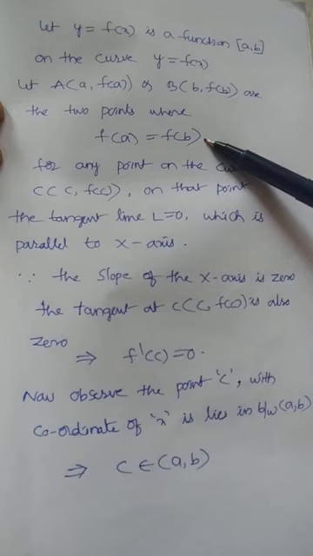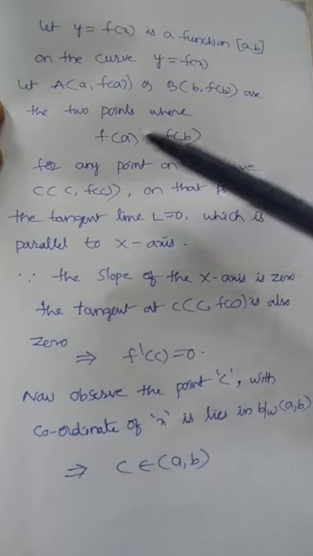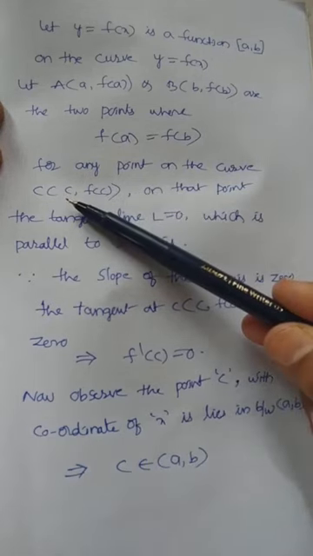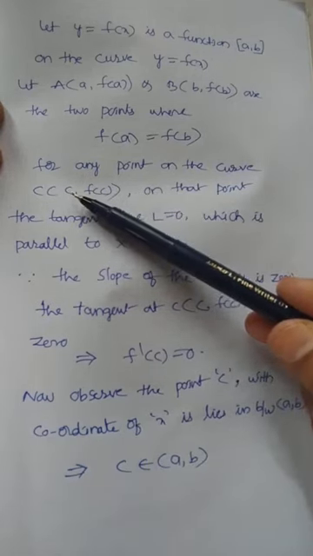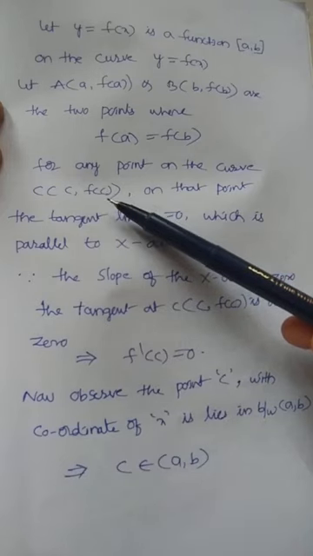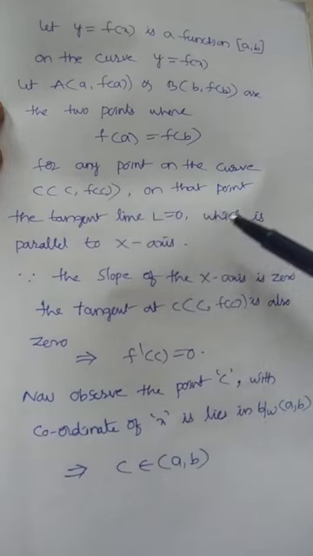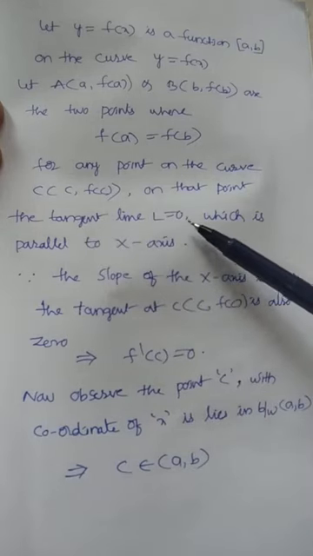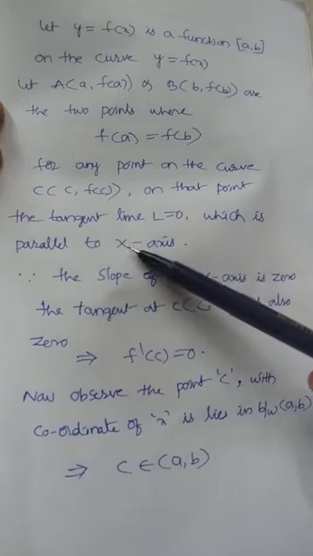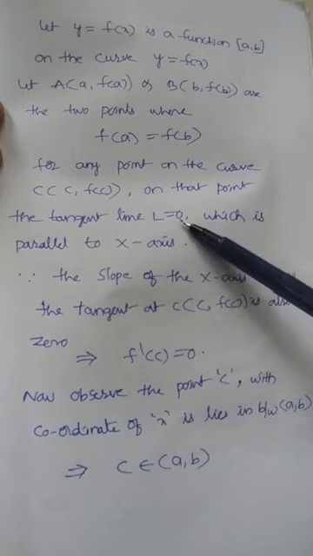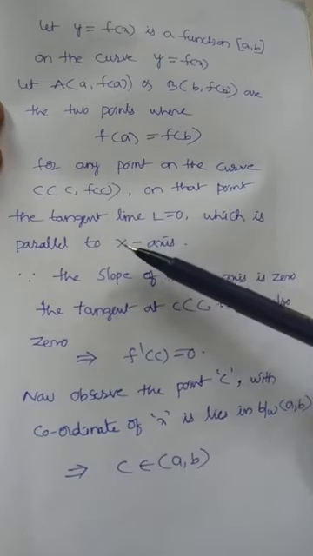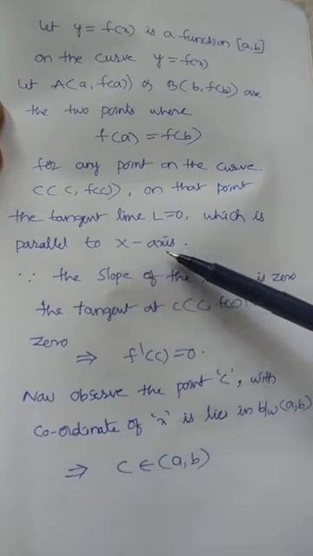First, we have to approach this step. For any point C on the curve, the point C must be (c, f of c). At that point, the tangent line L to the curve y equals f of x is parallel to the x-axis.